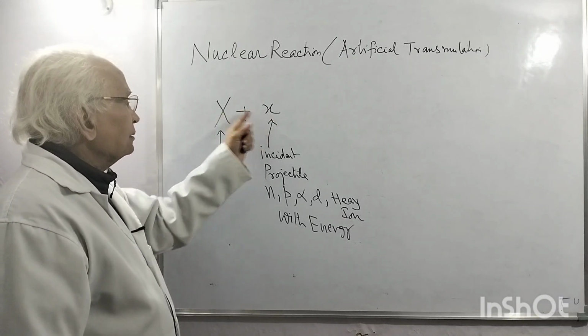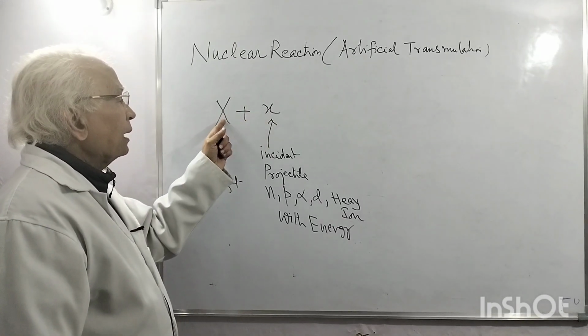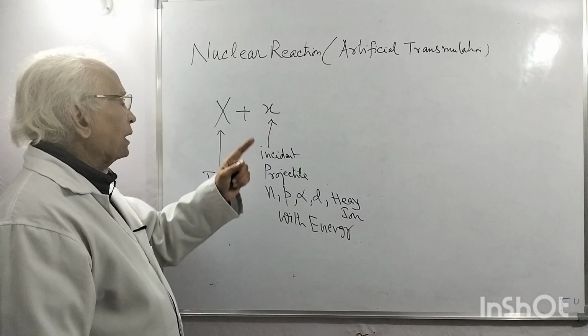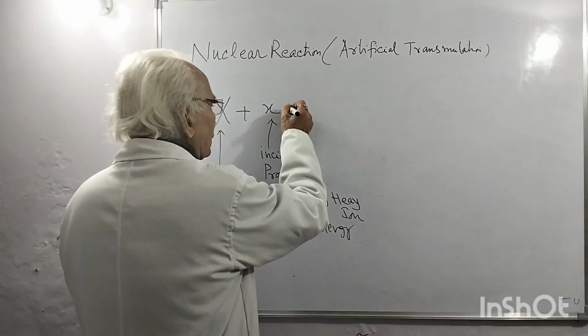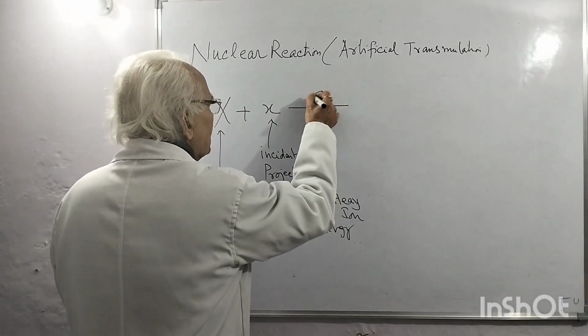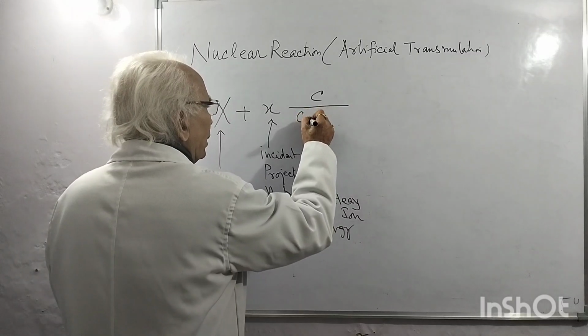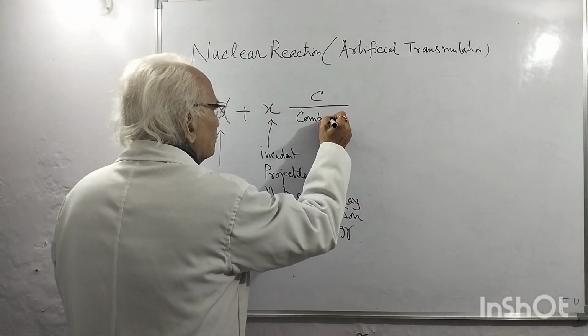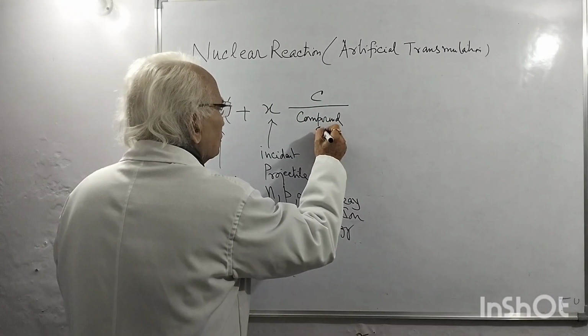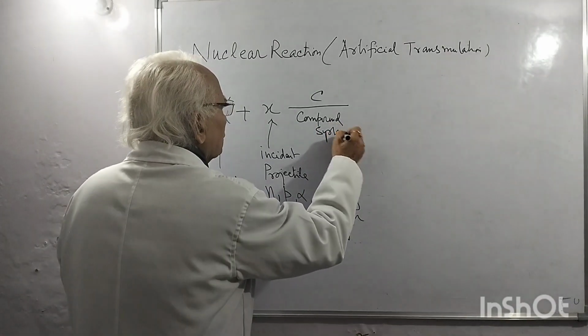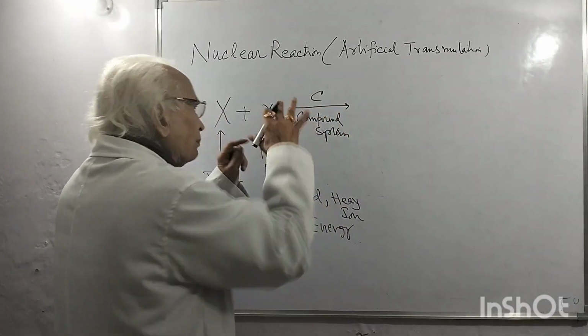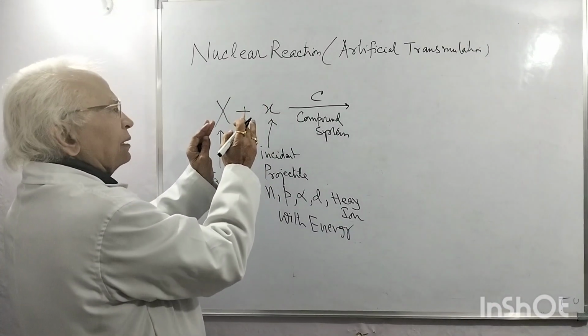So this is the target and the projectile. We get a new system here, you can say C. This may be a compound system. This C is a compound system, meaning X plus the projectile.